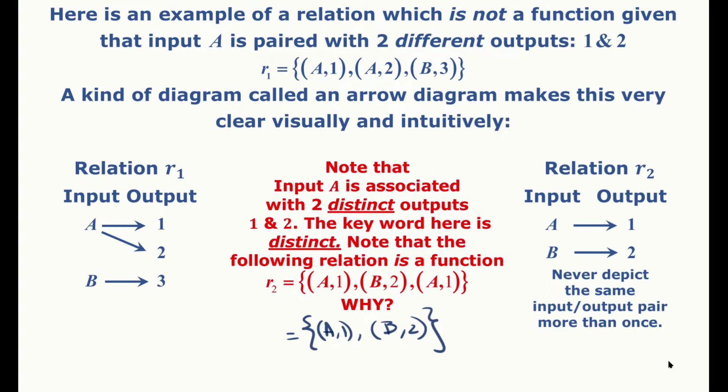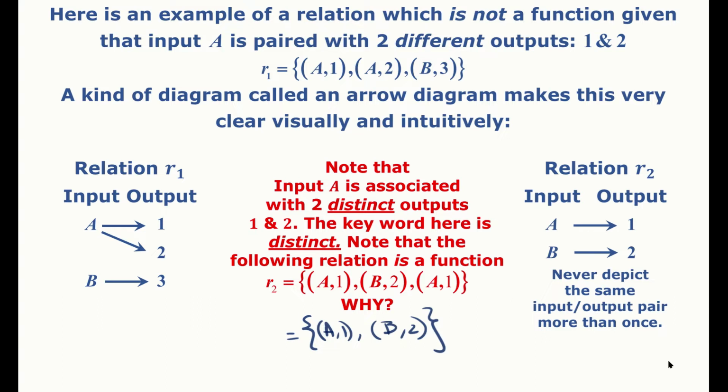Notice A is being sent to 1, B is being sent to 2. So if you were to do the arrow diagram for this relation, you would do exactly the same. You would never depict the same input-output pair more than once, you see? So you would still show that A goes to 1 and B goes to 2.